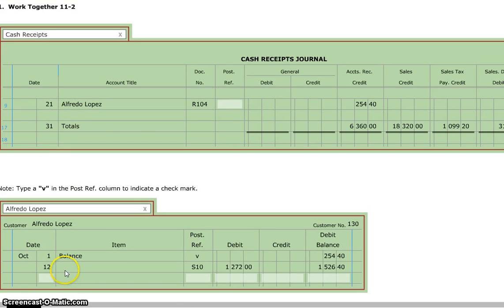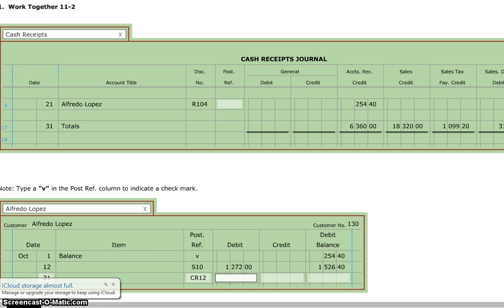So we are going to take the date, plug it in down here. We're getting this from cash receipts page 12. You can't see it, it's kind of cut off on mine, so we're just going to plug it in here. So it's CR12, and it's the amount in this credit column right here for $254.40.